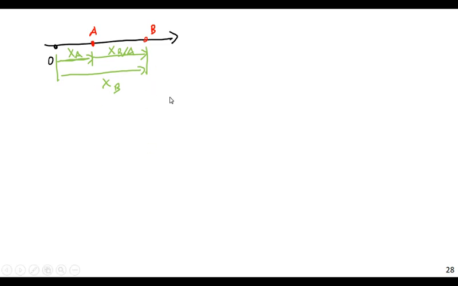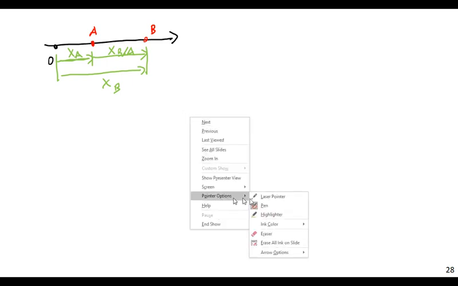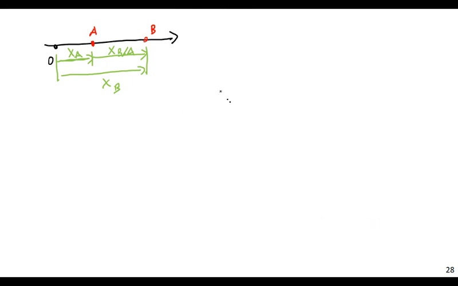Okay, so for particles moving along the same line, time should be recorded from the same starting instant and displacement should be measured from the same origin in the same direction. So it's important to use a consistent unit system, basically.